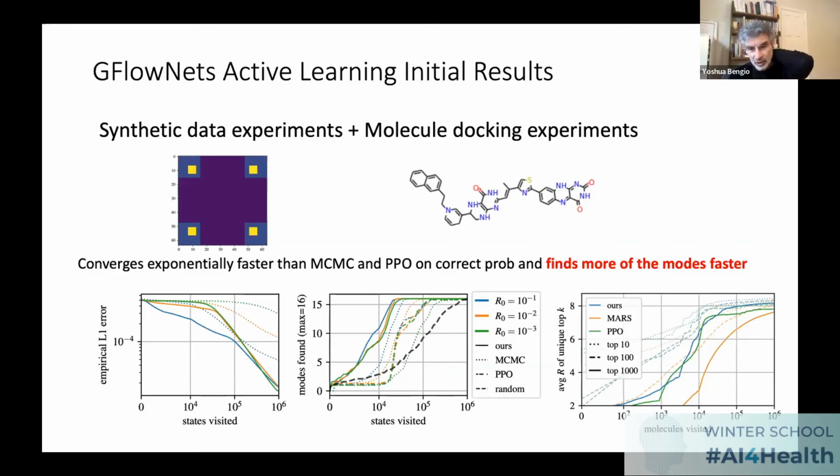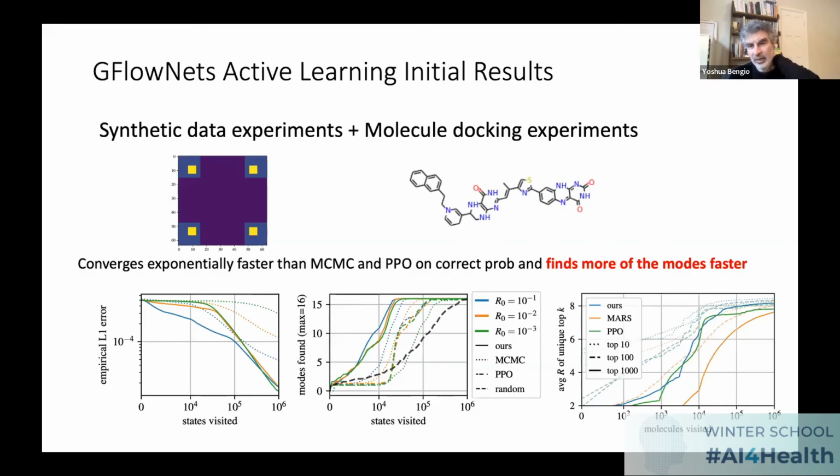And in the figure on the right also, MARS is the MCMC method that I mentioned, that's in orange, and PPO is in green, so those are the other methods, and the blue is ours.